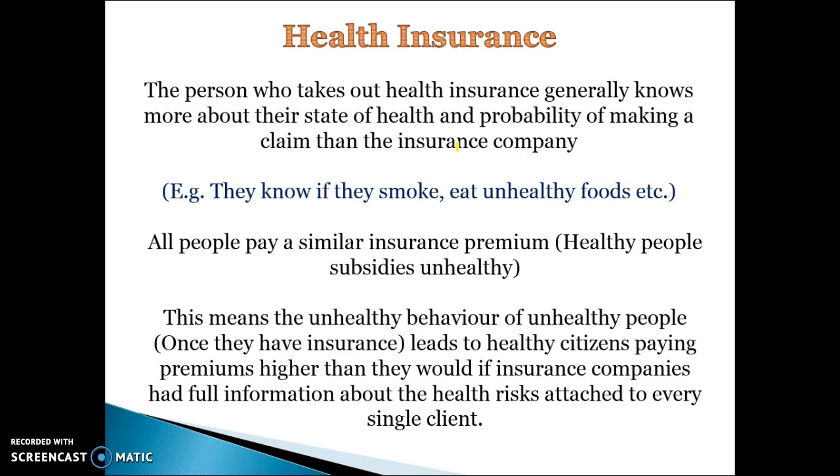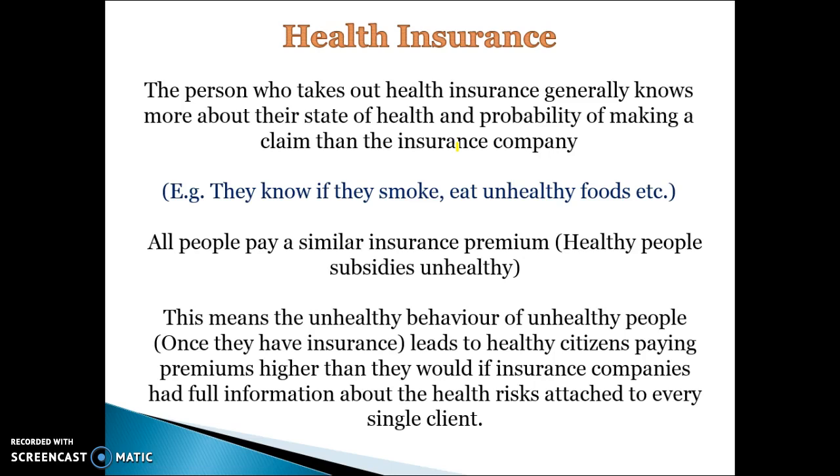So let's take the market for health insurance. When a person takes out health insurance, they generally know more about the state of their health and probability of making a claim than the insurance company. That's the asymmetric information. They know more about their current health, and they also know more about how they're going to behave after they get the insurance. So the problem with insurance premiums is that all people pay a very similar price, and healthy people in effect are subsidising the unhealthy.